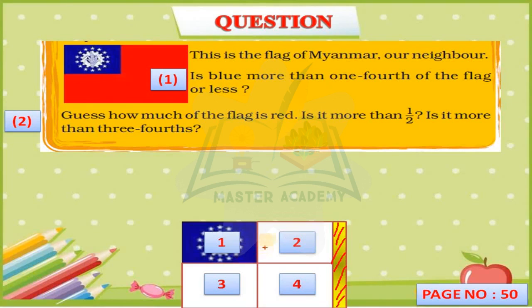Why? क्योंकि ये बचा हुआ पोर्शन उसमें भी आ सकता है. Therefore it is less than 1/4 beta. This color you are seeing, it is less than 1/4.